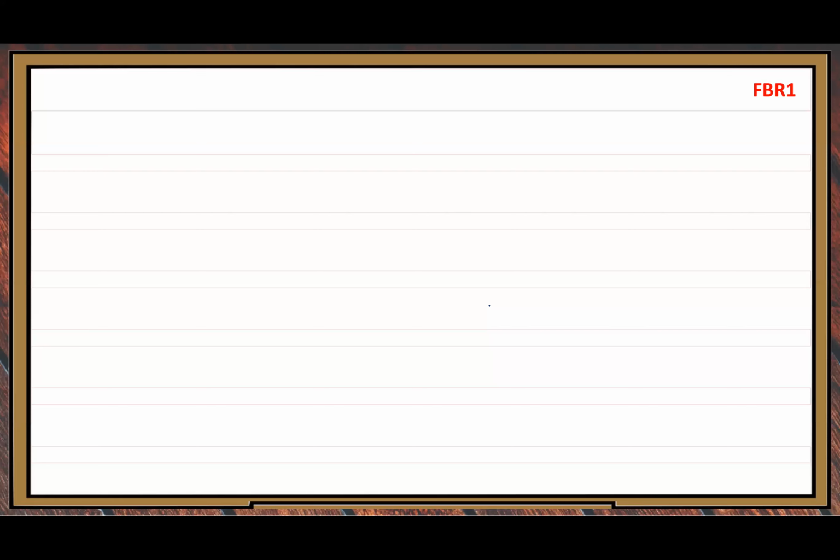Today I do the first round. Today I do this: FBR1. F means final, now we do preparation for the final. BR means basic result. So when I do this example, I treat it as a basic result.